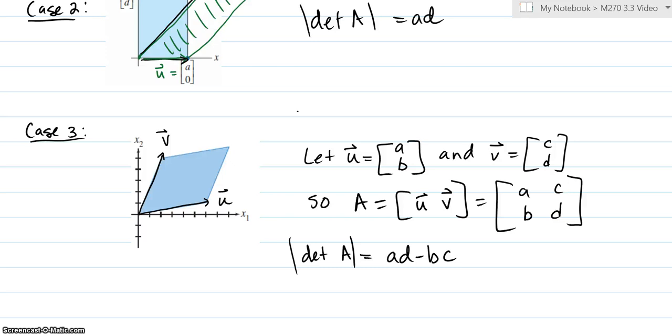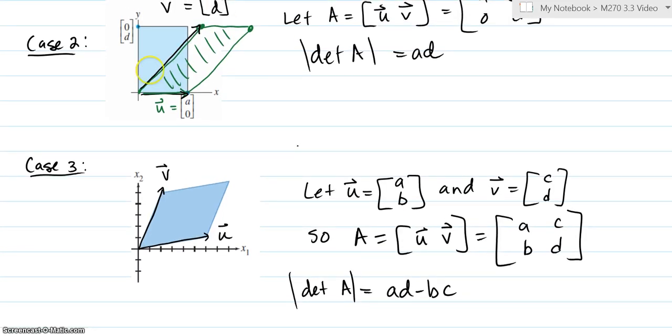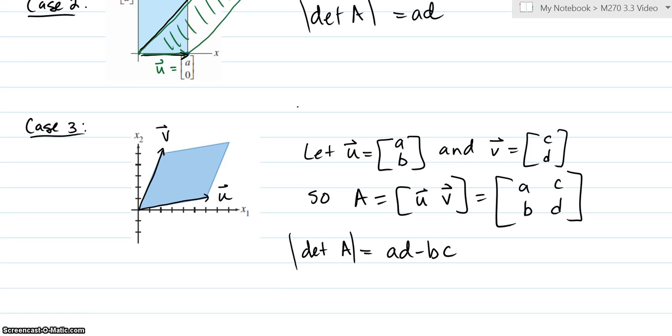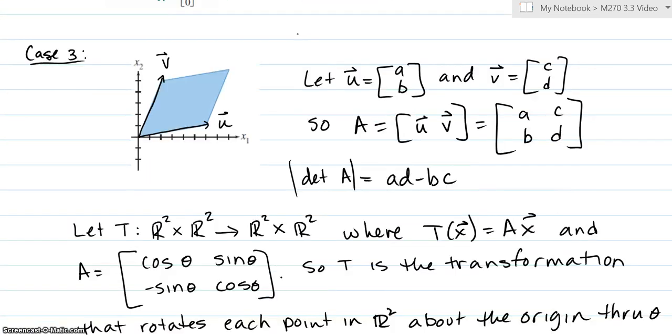So this is another transformation. Actually, up here was a shear transformation. This one is going to be a rotation transformation. So that's what I'm going to do. I'm going to let T go from R2 to R2, where T of X equals our standard matrix transformation, where A is now going to be a rotation.